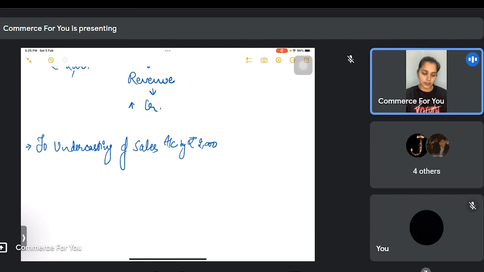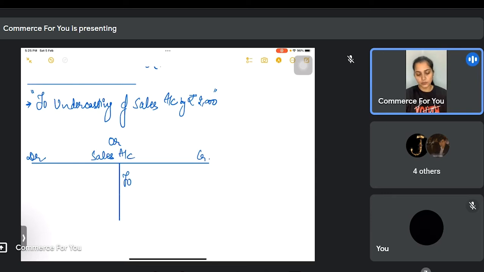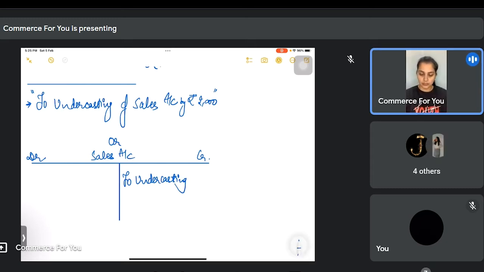And in the heading you can write that in the sales account, on the credit side, you will be mentioning this. Or you can create an extract of ledger in such form. You'll be writing here sales account, debit and credit side. On the credit side you are going to write 'to', I'm sorry, 'by' undercasting of sales account.